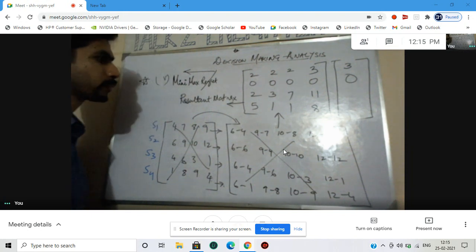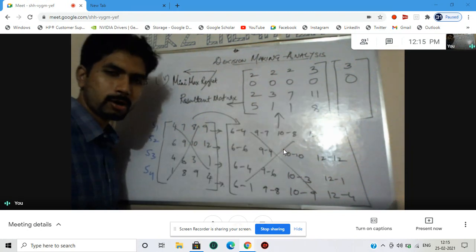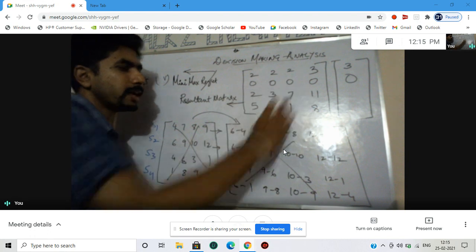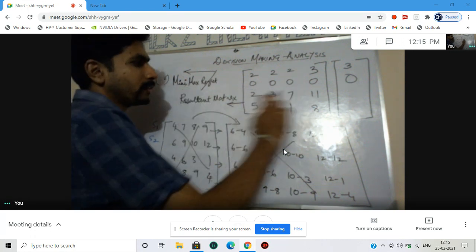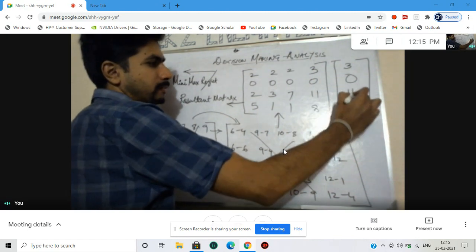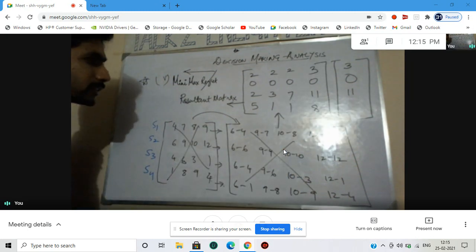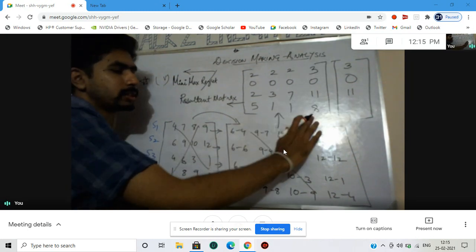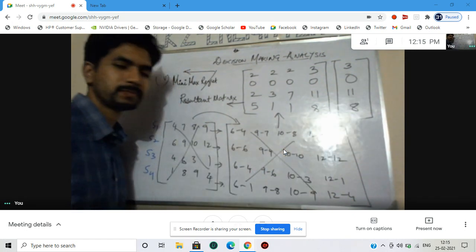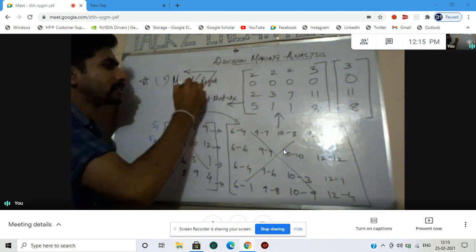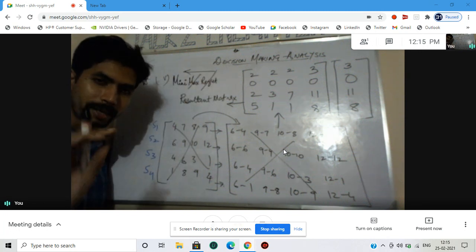Then in the third row, you see which is the maximum value. The maximum value is 11. Next, in the fourth row, you see which is the maximum value. It is 8. Is that clear? So maximum is also done row wise.